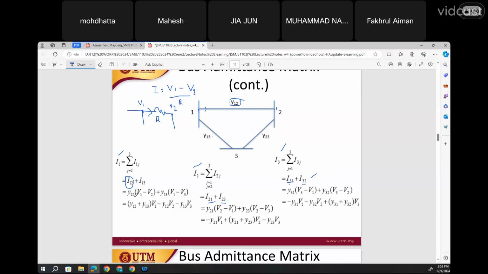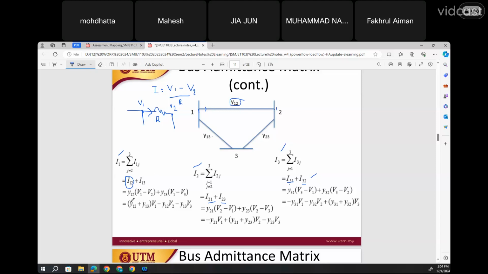But in this equation, the resistor is replaced by admittance, where admittance is 1 over the impedance. If we consider the admittance, we have the product of Y, the admittance, multiplied by the voltage difference over here.